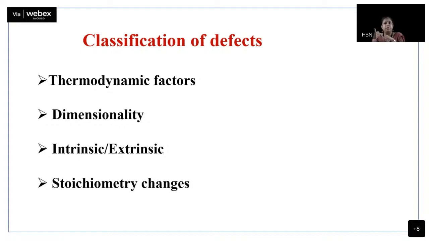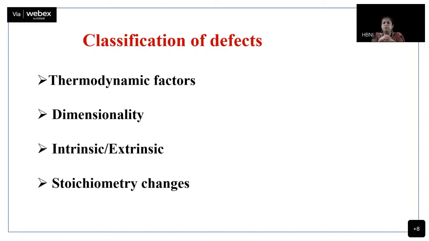First is on the basis of thermodynamic factors, which you cannot control. Dimensionality. We will talk about it, but dimensionality means whether it is located only at a particular lattice site, or it has 2 dimensions, or it has 3 dimensions, and so on. Then stoichiometry changes. Stoichiometry changes means suppose you have a formula ABO3. Okay, I try to put something in that changes the number of oxygen ions in it. Of course, that will create a defect.